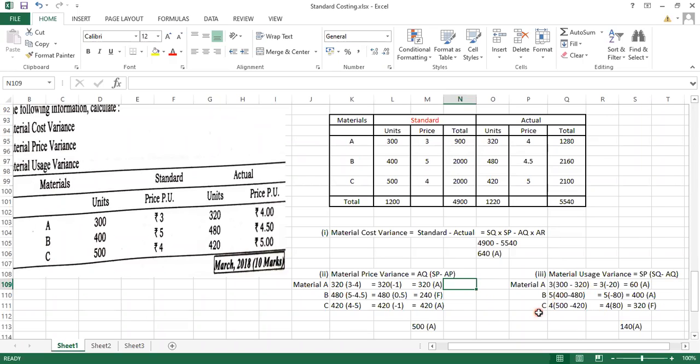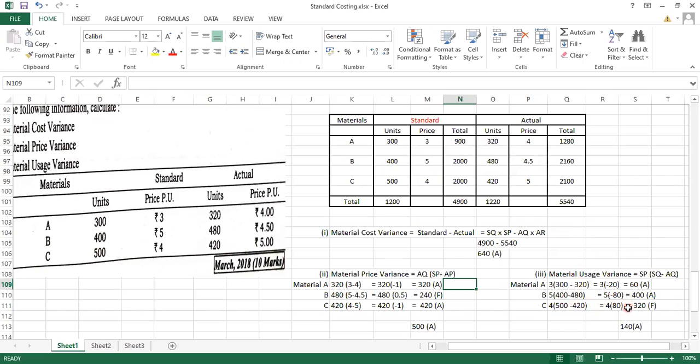Same way calculate for B. Standard price is how much? 5. Again, standard quantity minus actual quantity. 400 minus 480. So this will give you negative 80. So 5 into negative 80 comes to 400 negative.